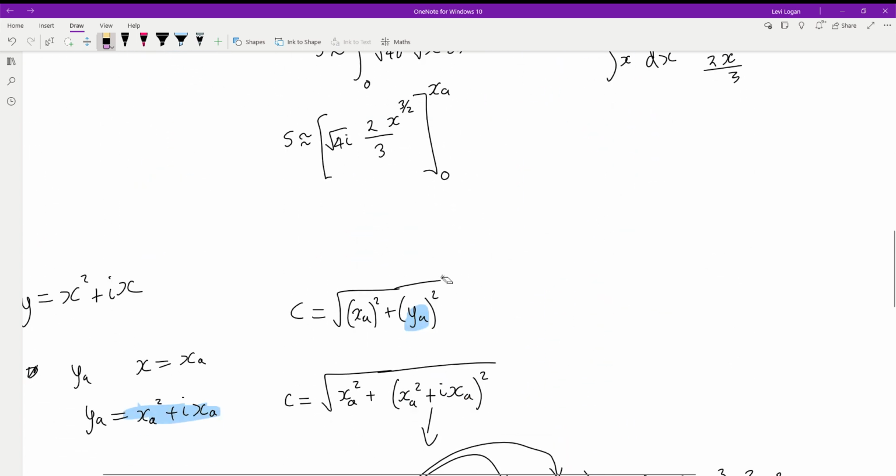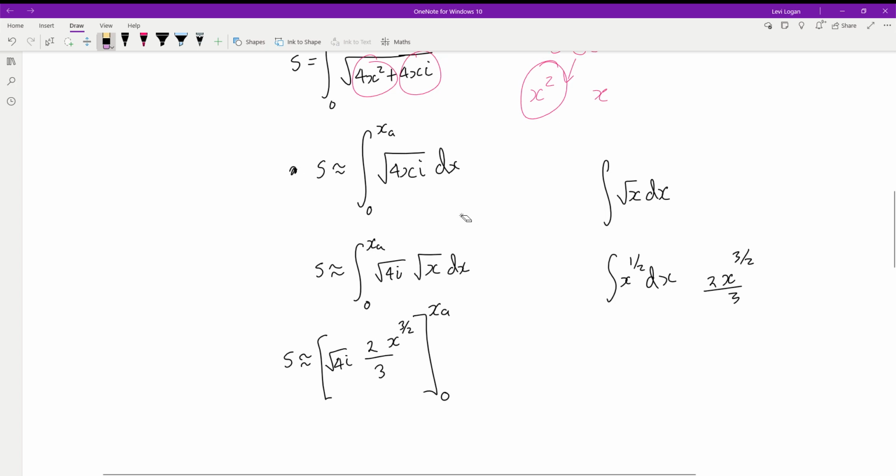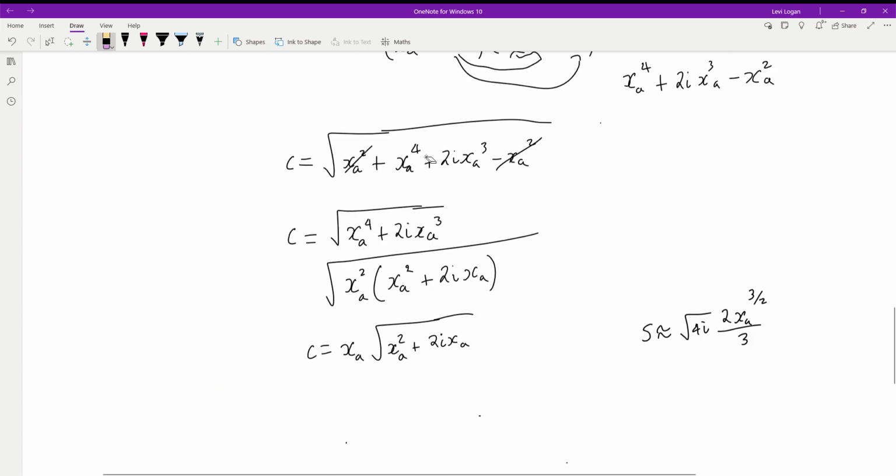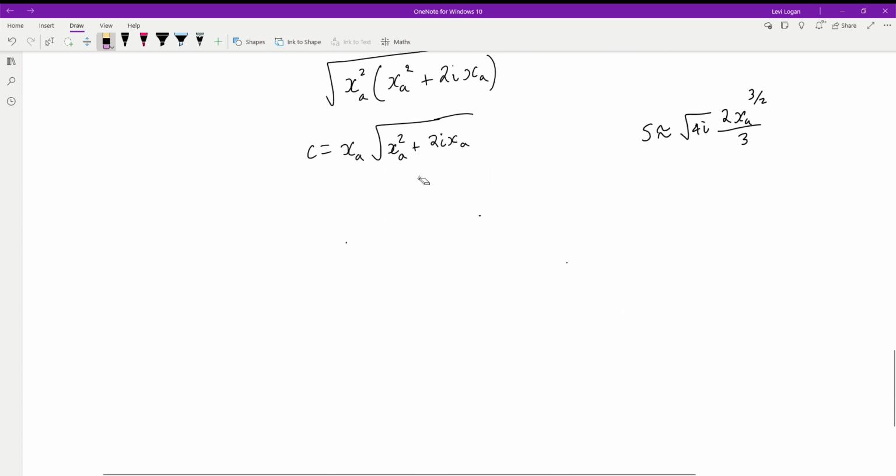We simplified this arc here when, as soon as x of a approached 0, this function went to 0 faster than this one. We've got to do the same with this line here. We forgot to do that bit. So as x of a approaches 0, which function out of these ones is going to approach 0 the fastest?